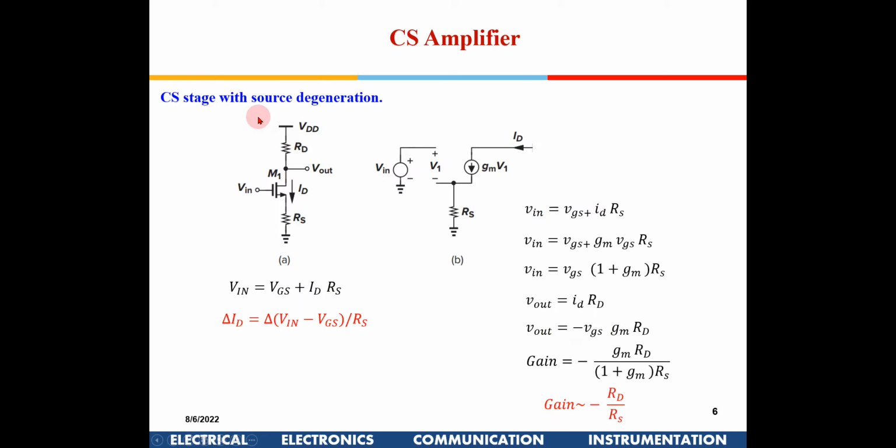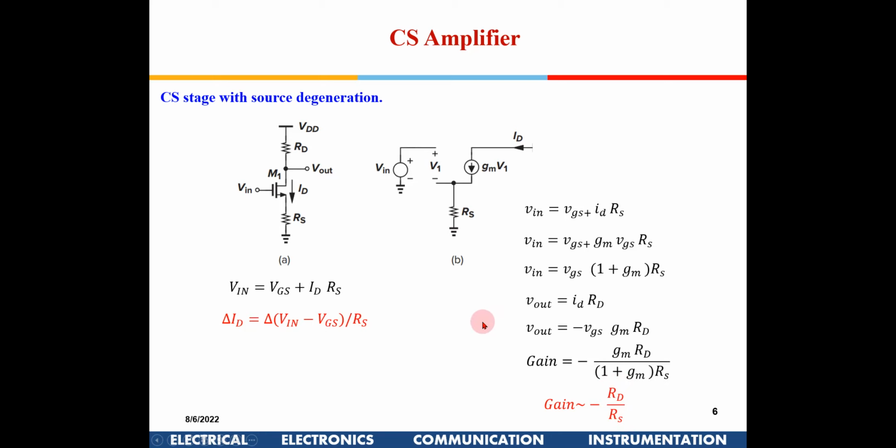Now we saw another circuit in which this is not stable with respect to VDD, so we inserted an RS here. On inserting an RS, we saw that there is better bias stability, but the drawback is the gain reduces to minus RD by RS.